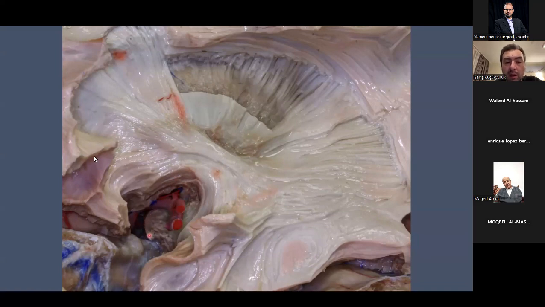There is the uncus, and the uncinate fasciculus turns around the limen insulae and connects the orbital surface or the inferior surface of the frontal lobe. This uncinate fasciculus connecting the inferior surface of the frontal lobe with the temporal lobe makes the emotional functions available.